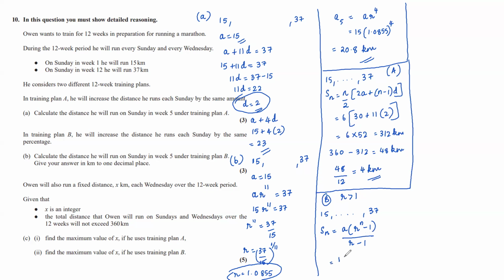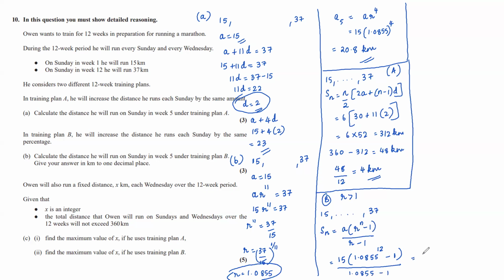A is 15 into r to the power of n, that is 1.0855 to the power of n. It's over 12 weeks. So to the power of 12, n is 12, minus 1 divided by r minus 1, that is 1.0855 minus 1.